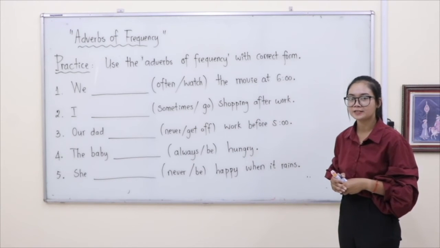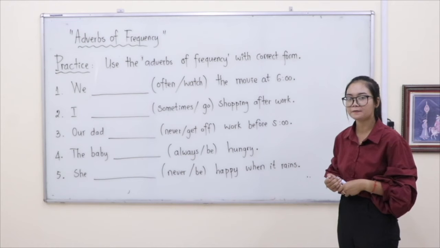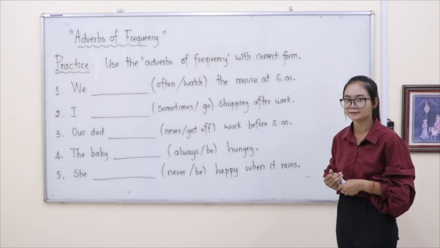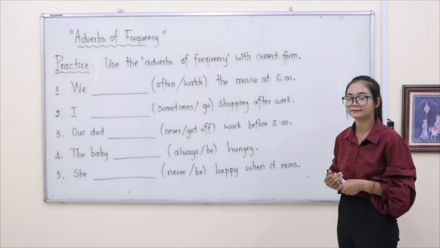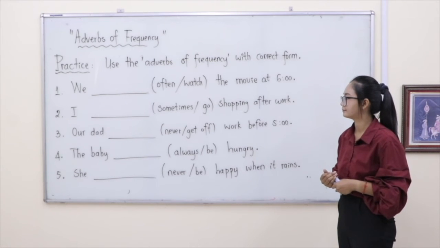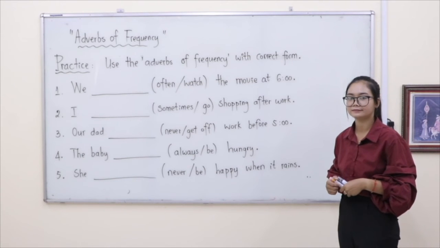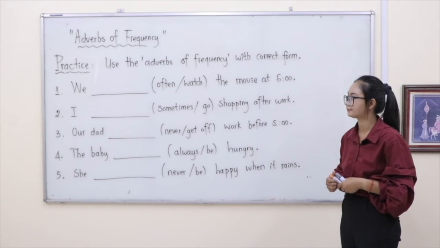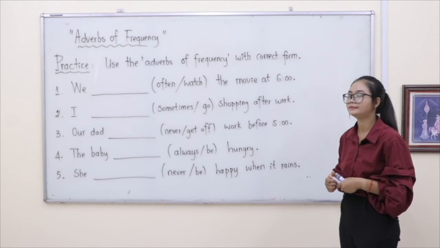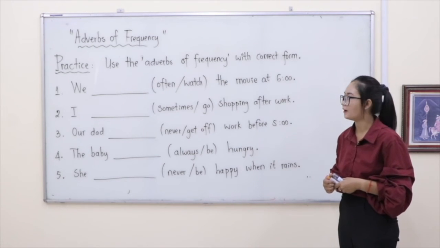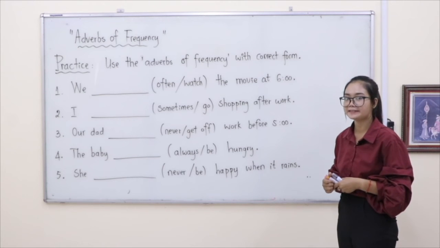Alright guys, so let's check how much you understand from this lesson. I will give you some time to complete the adverb of frequency in this practice. So let's start. Let's take a look at example of practice number 1.